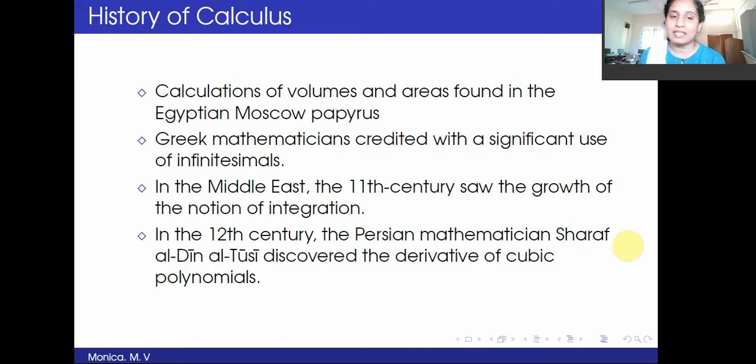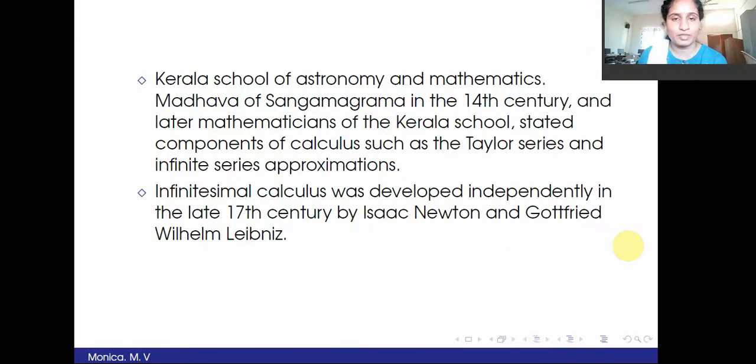So all these are called infinitesimals. Later in the 11th century in the Middle East, calculus saw its growth with the notion of integration. Further in the 12th century, a Persian mathematician called Sharaf al-Din al-Tusi discovered the derivative of cubic polynomials.